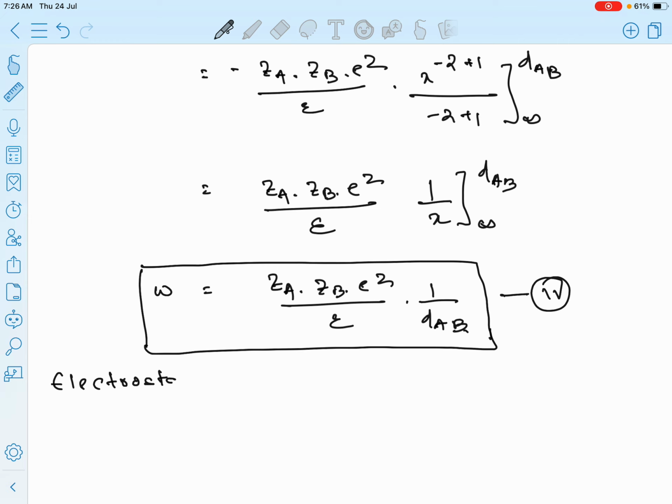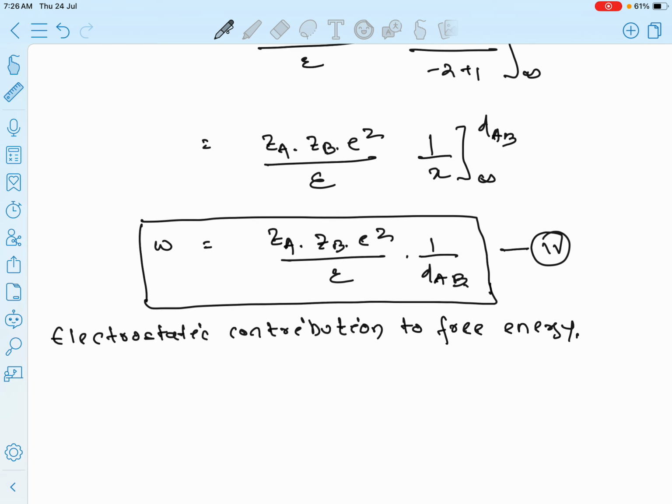This is the electrostatics contribution to free energy. And what is the W here?